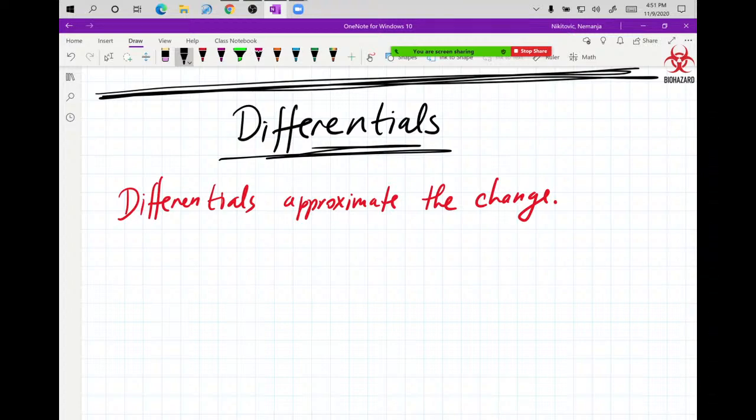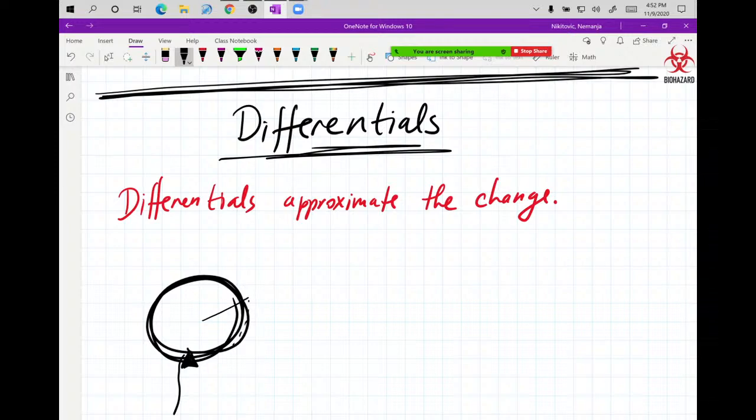So let's say that you have a spherical balloon, for instance. I don't know how much of a sphere that is, but whatever. Spherical balloon. Then just put a little bit more air in it.